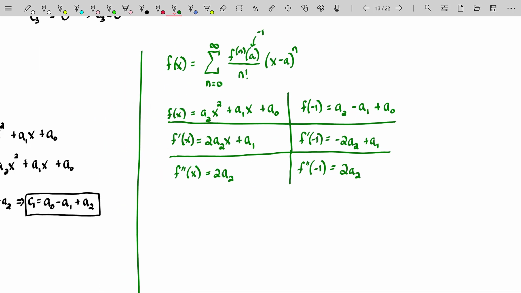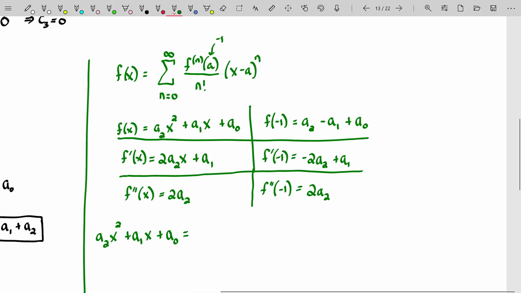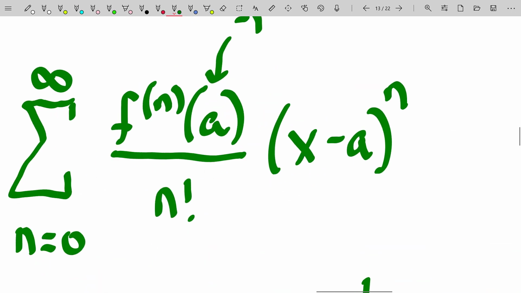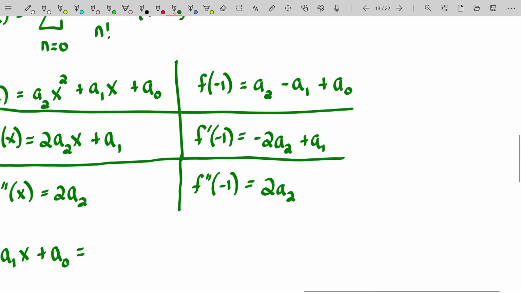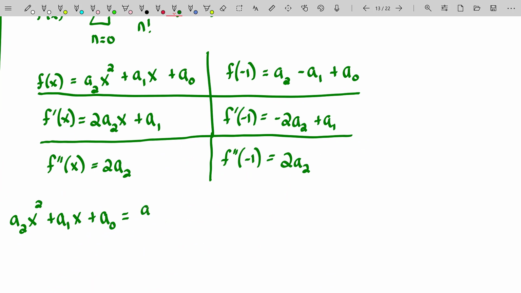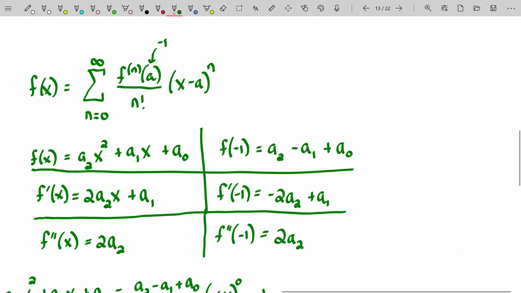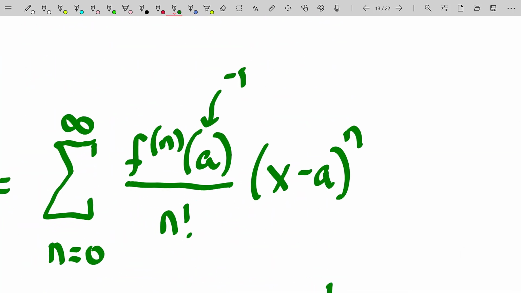So our polynomial, our original function, can be written as the 0th degree polynomial, which is just the polynomial evaluated at a, and we've just written that out right here. The polynomial evaluated at the center is a sub 2 minus a sub 1 plus a sub 0, and that's all over 0 factorial times x minus our center to the 0th power, plus, moving on to the first derivative, evaluated at the center divided by 1 factorial times this polynomial to the first power.